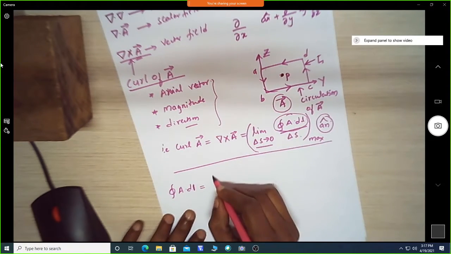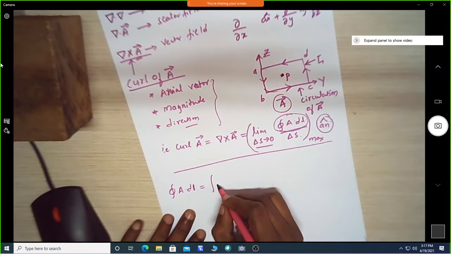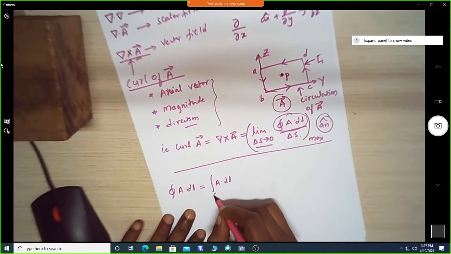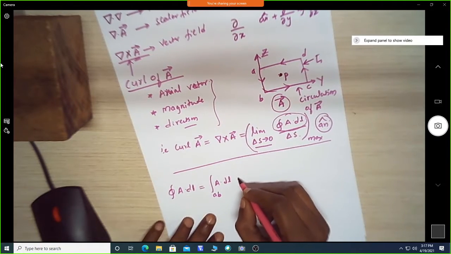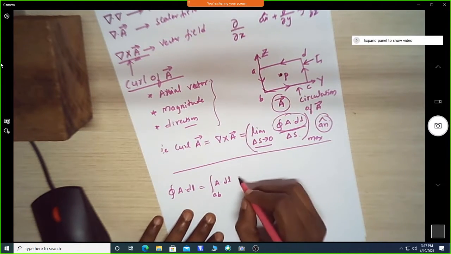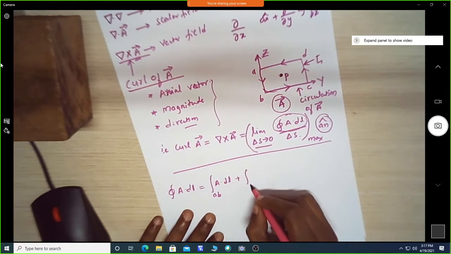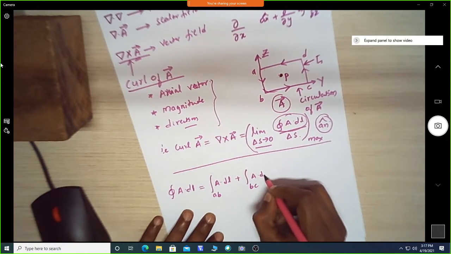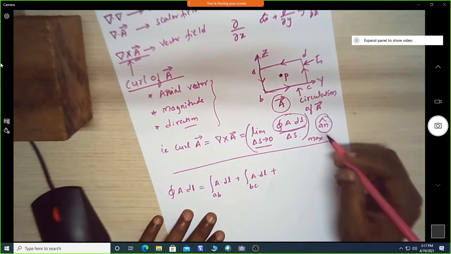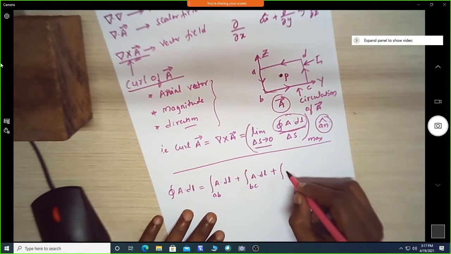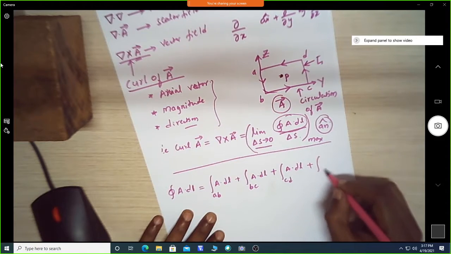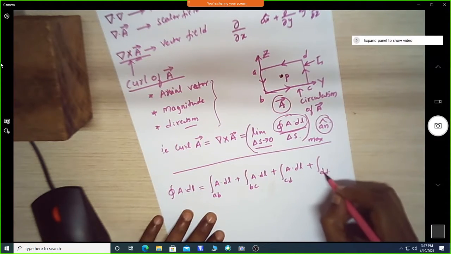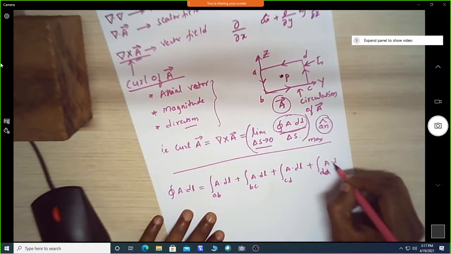So A dot dl is the sum over line AB, plus line BC, plus line CD, plus line DA.